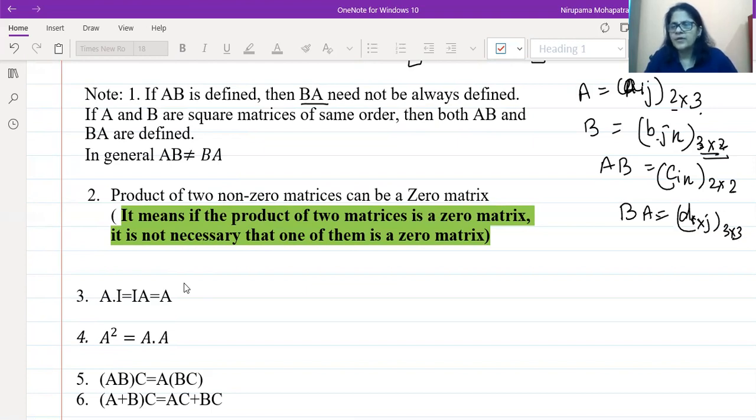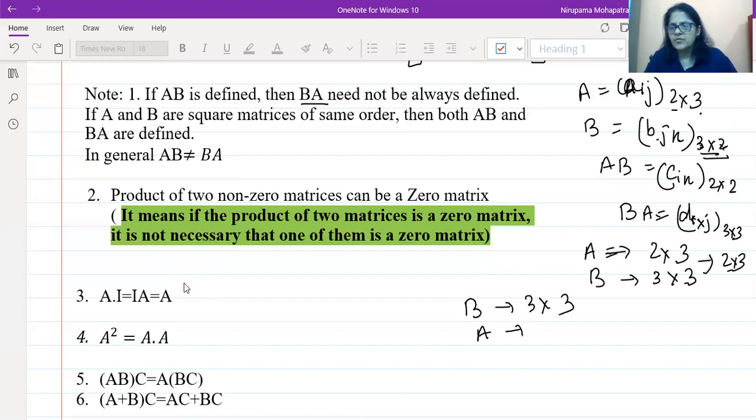But suppose A is a matrix of order 2 by 3 and B is a matrix of order 3 by 3. The product matrix AB will be of order 2 by 3, since 2 by 3 times 3 by 3 gives 2 by 3. If I go BA, now B is of order 3 by 3 and A is of order 2 by 3.